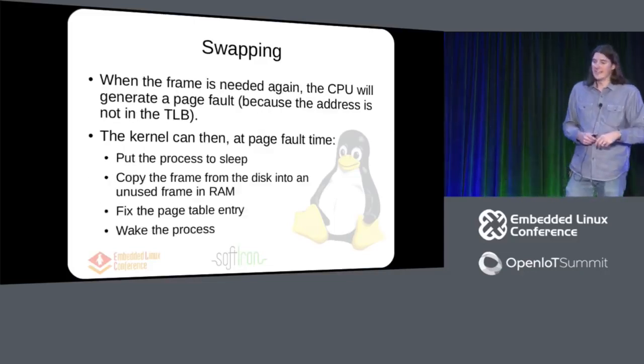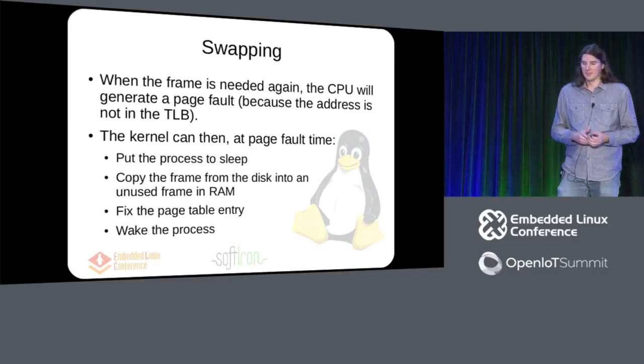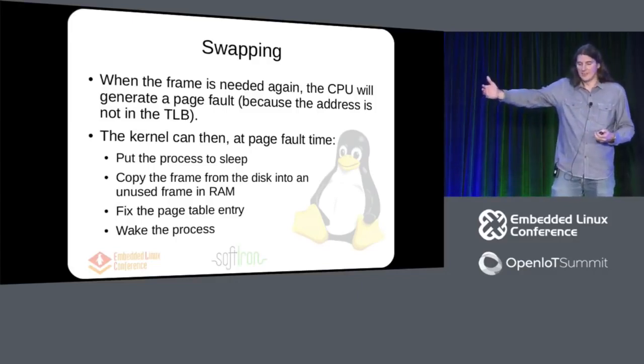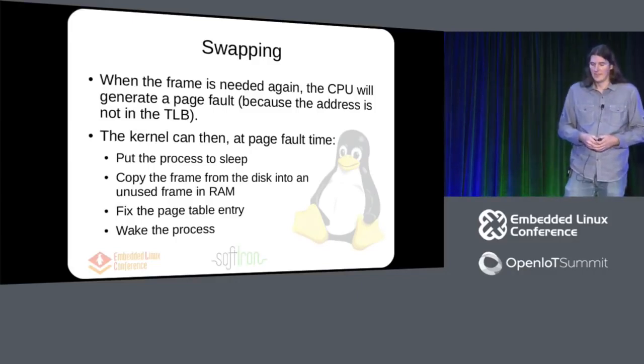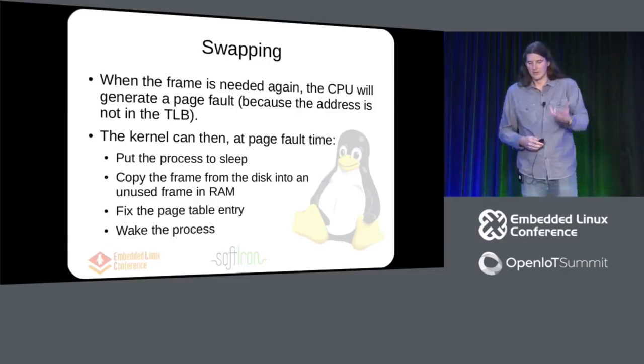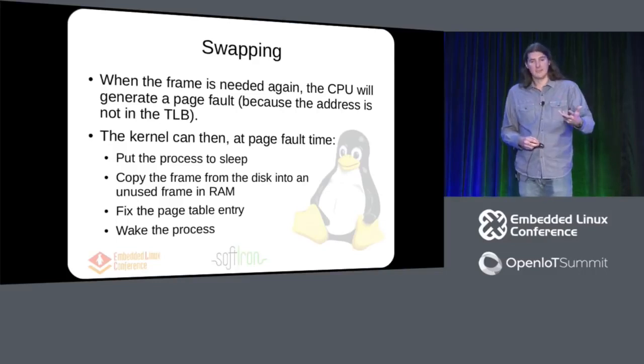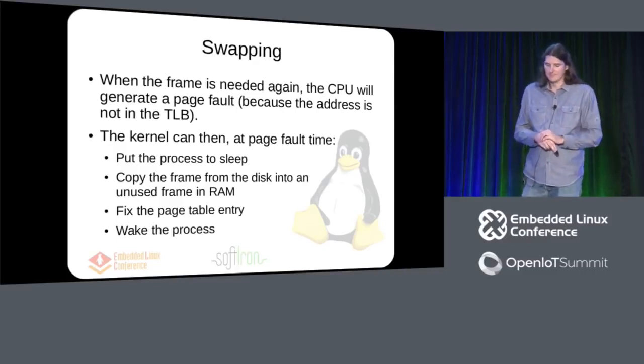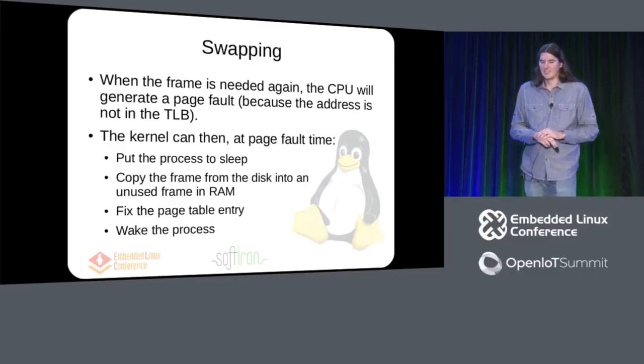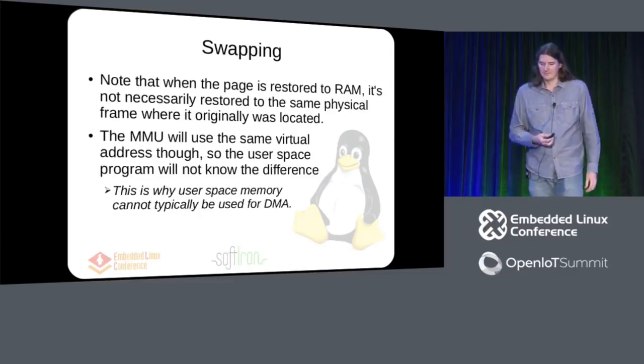Then when the frame is needed again, the CPU will generate a page fault, because that address is not in the TLB. At page fault time, the kernel can put the process to sleep, copy the frame from the disk into an unused frame, fix the page table entry, and then wake up the process.